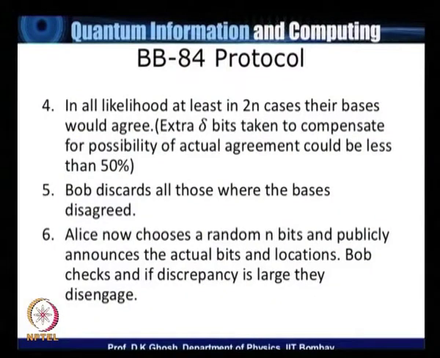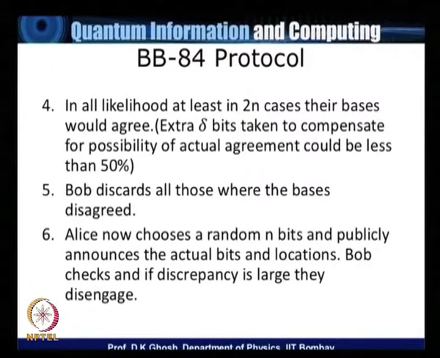Now, what will happen is this, that we have taken 4n plus delta. So at least in 2n cases, their bases would agree, because we had said that the probability that they have used the same basis is 50%, but 50% doesn't mean out of 4n you exactly agree in 2n cases.